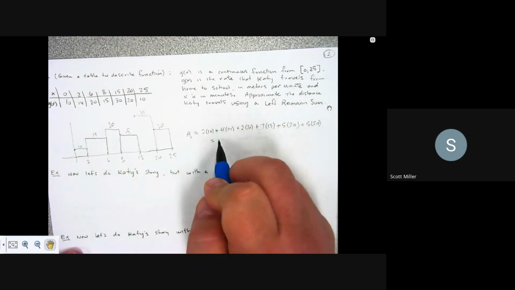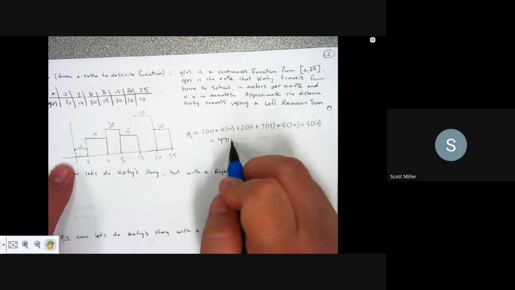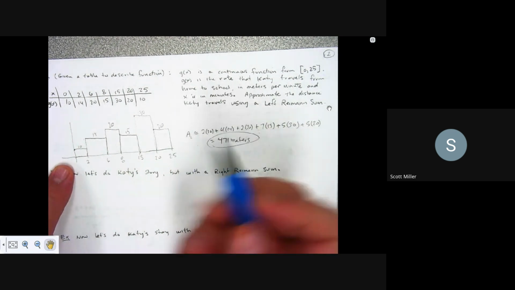Then I can add all that up and get an approximation, which comes out to be about 471. The units here are in meters, so we want meters. And that's an approximation for the distance she travels to school.